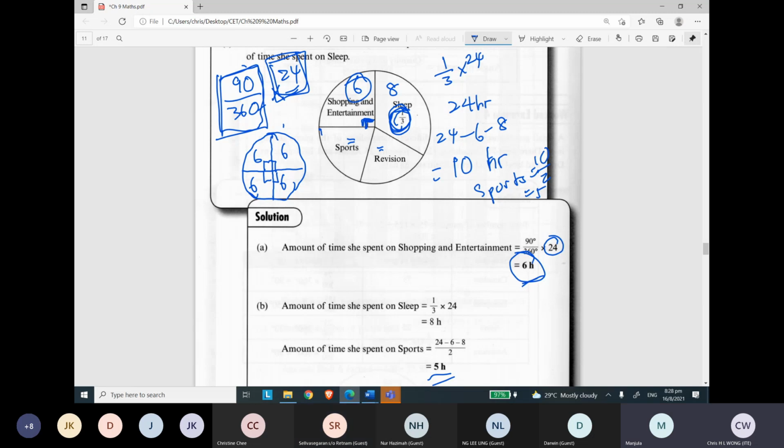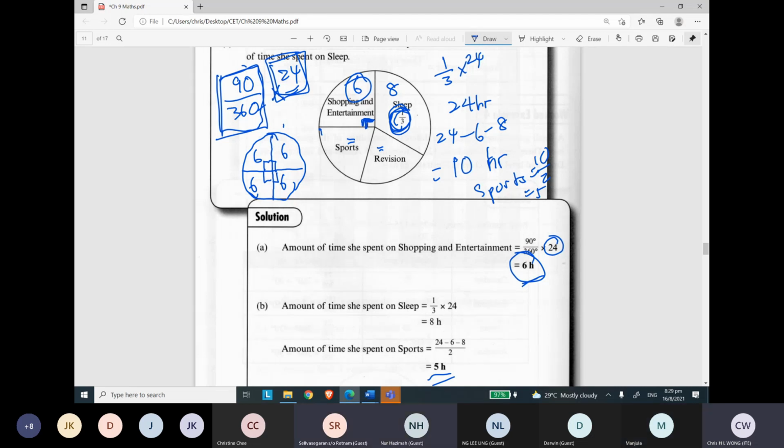If it's percentage, you times 100. If it's degree, you times 360. If it's per year, you times 365 days. So it depends on the fraction, you times according to what they want now. Yes, it depends on the question.